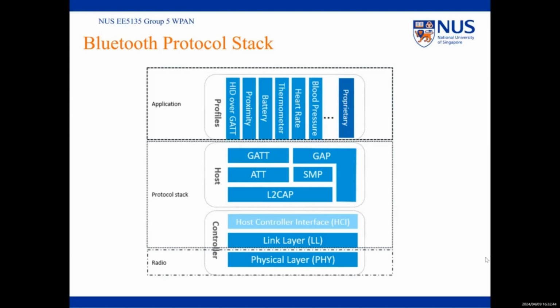L2CAP must distinguish whether it is an encrypted channel or a normal channel, and at the same time manage the connection interval. The Security Manager Protocol (SMP) is used to manage the encryption and security of the Bluetooth connection here.